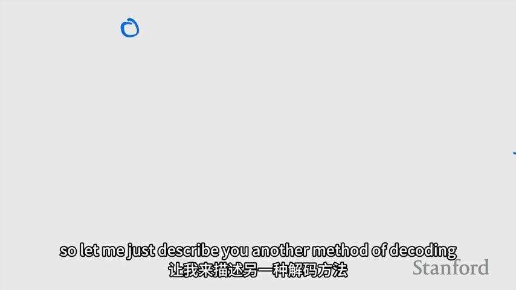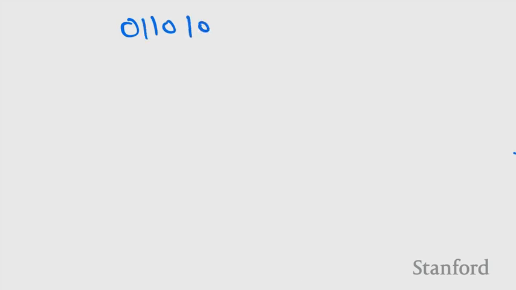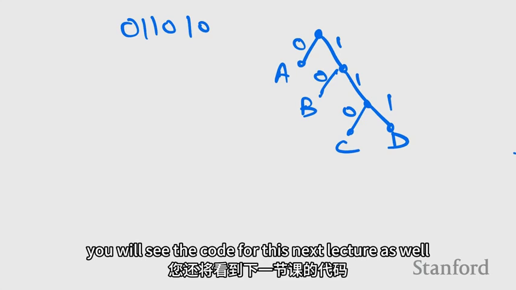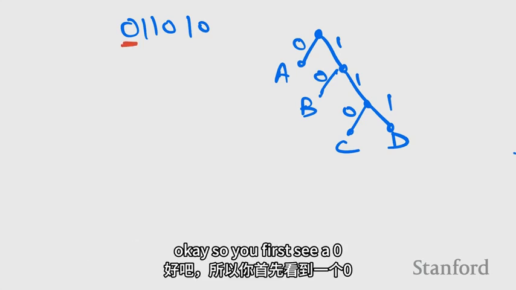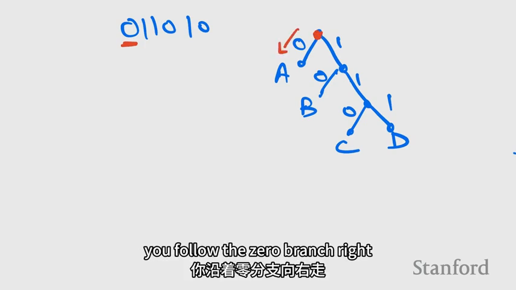So let me describe another method of decoding that will use this tree. The algorithm is simple, and you will see the code for this next lecture as well. So you first see a 0. What you do is you start at the root, you follow the 0 branch.